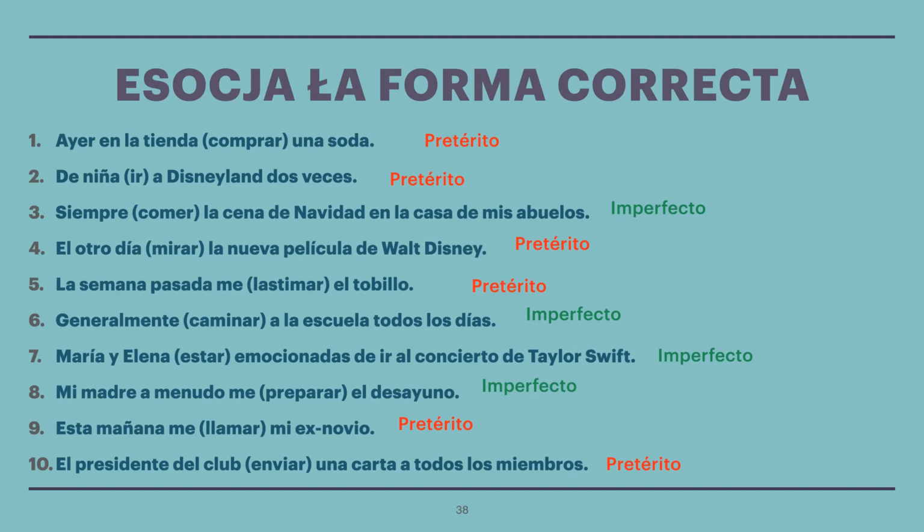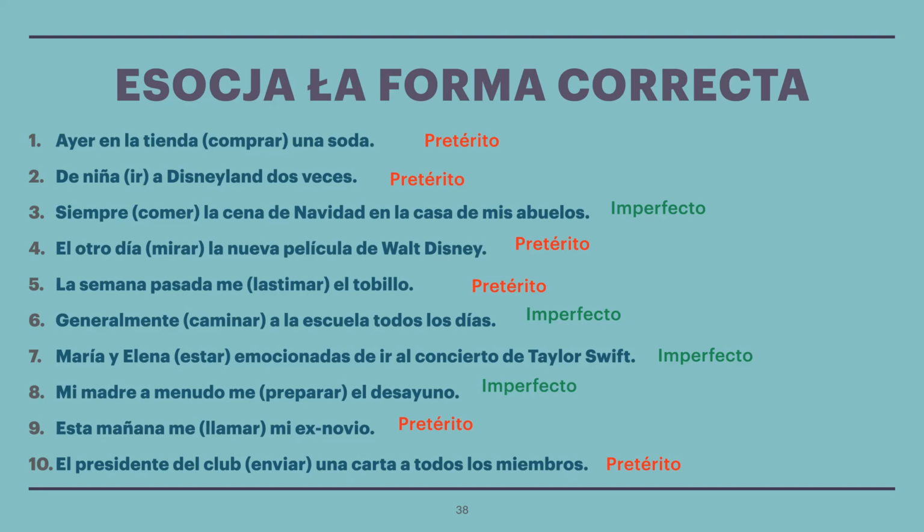Número 4, el otro día, and that's another time signal, right? So the other day, I watched. Número 5, la semana pasada. Again, it's a completed event. Número 6, generalmente, es one of those auxiliary words que indica el imperfecto. Número 7, aquí tenemos un verbo de no acción, estar. So they were excited to go see Taylor Swift.